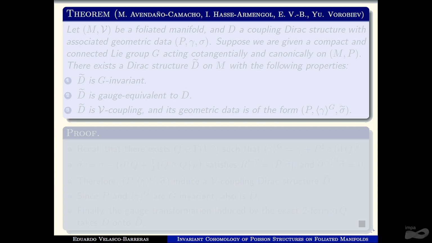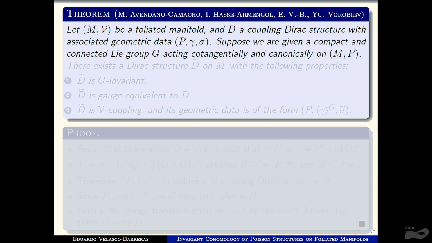Finally, we have the invariance. I present how to obtain an invariant Dirac structure for some class of Dirac structures compatible with the Poisson foliation. So we start with a foliated manifold and a coupling Dirac structure, and we have its associated geometric data.